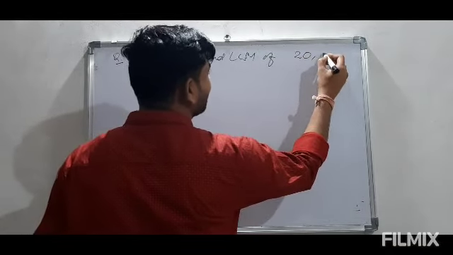So let us discuss this. So here what we can do, first of all, the method is prime factorization, so we will be needing the prime factors of 20 and 25.